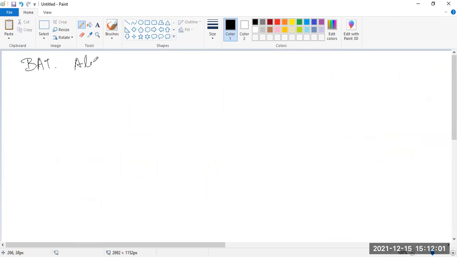The first example we are taking is for the bat algorithm. Say we are taking three bats over there.